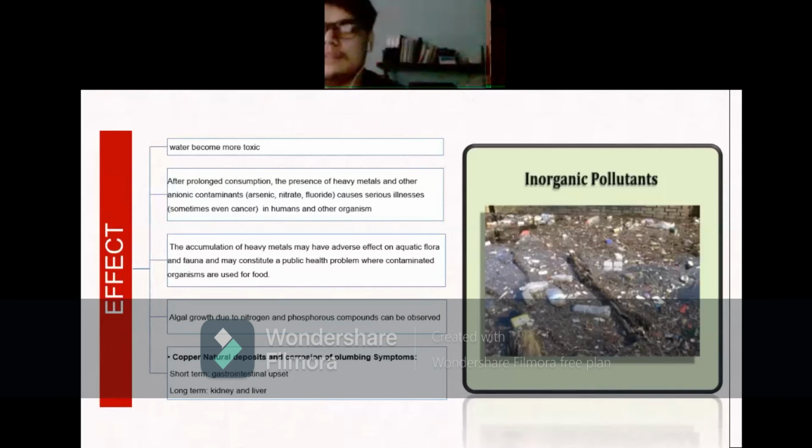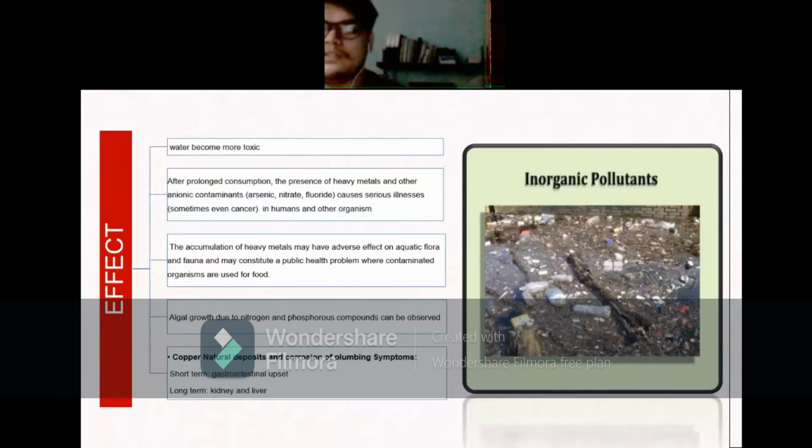The accumulation of heavy metal may have adverse effects on aquatic flora and fauna and may constitute a public health problem where contaminated organisms are used for food. For example, we eat the fish and vegetables that consume the contaminated water.